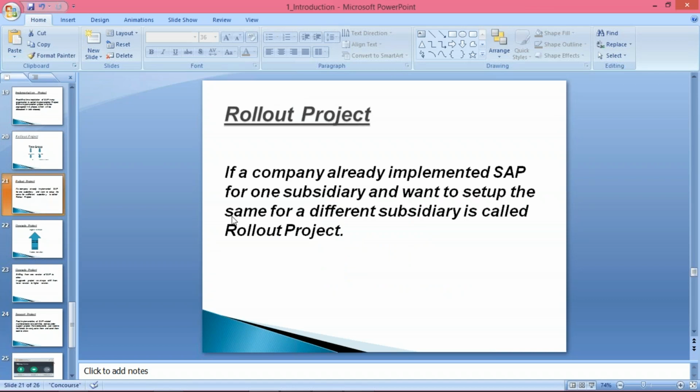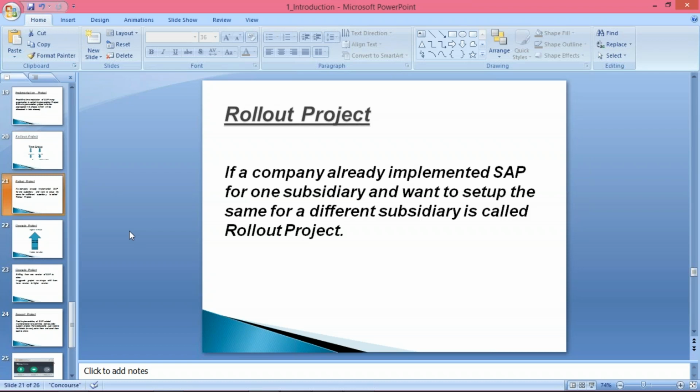Rollout project means if a company already implemented SAP for one subsidiary, as I've given the example, let's suppose Tata Motors, and wants to set up the same for a different subsidiary, it is called a rollout project. Same thing: if a company already implemented SAP in one subsidiary and wants to set up the same for a different subsidiary, it means a rollout project.